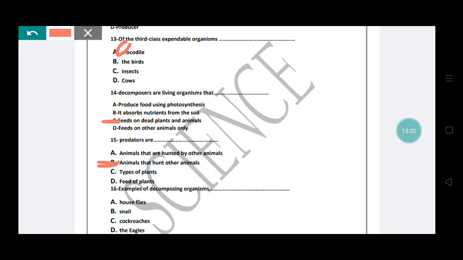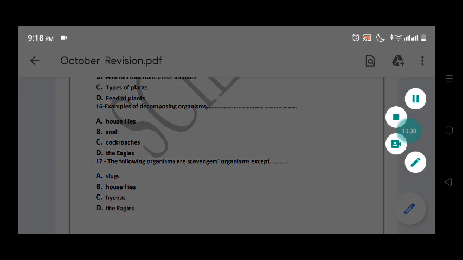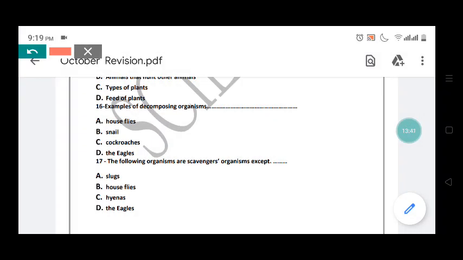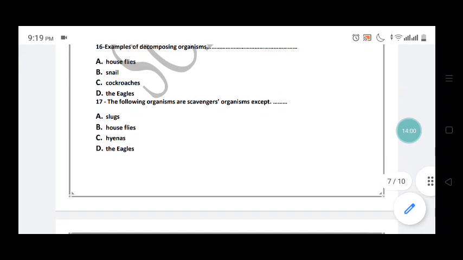Examples of decomposing organisms: houseflies, snail, cockroaches, the eagles. Snails. But delete this question. Okay, delete this question. The following organisms are scavengers. Okay, also delete this question.